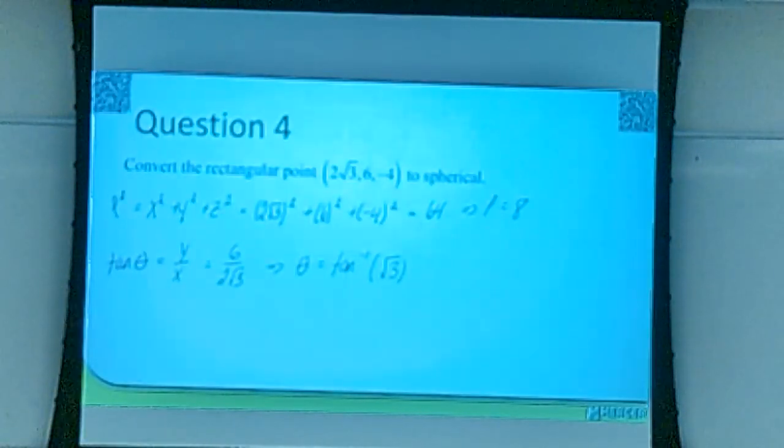What's the inverse tangent of root 3? Root 3 over 3.